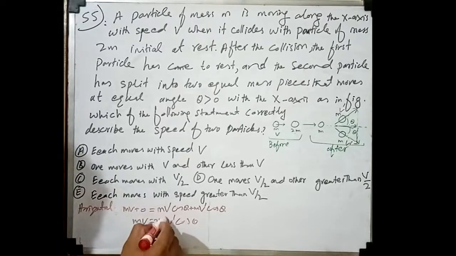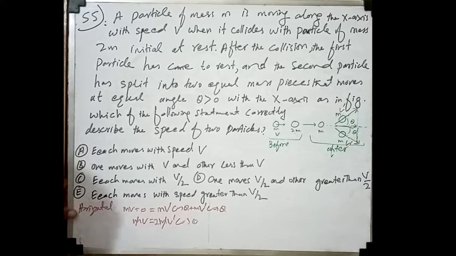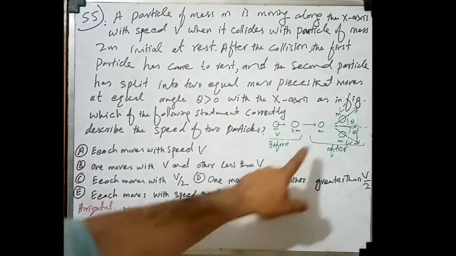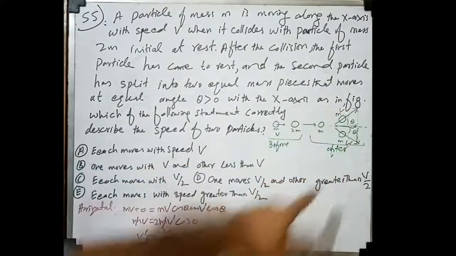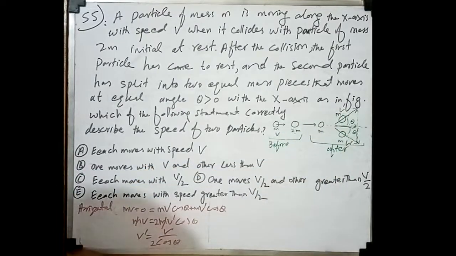So m will cancel out with m, and v prime will become v divided by 2 cos theta. So this will be the new velocity of the split pieces, v prime equals v over 2 cos theta. This is our first equation when we are taking the momentum in the horizontal direction.